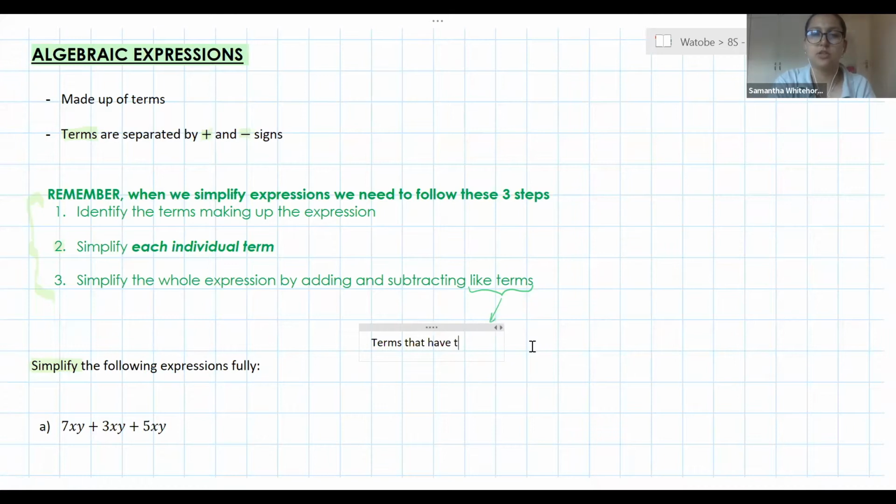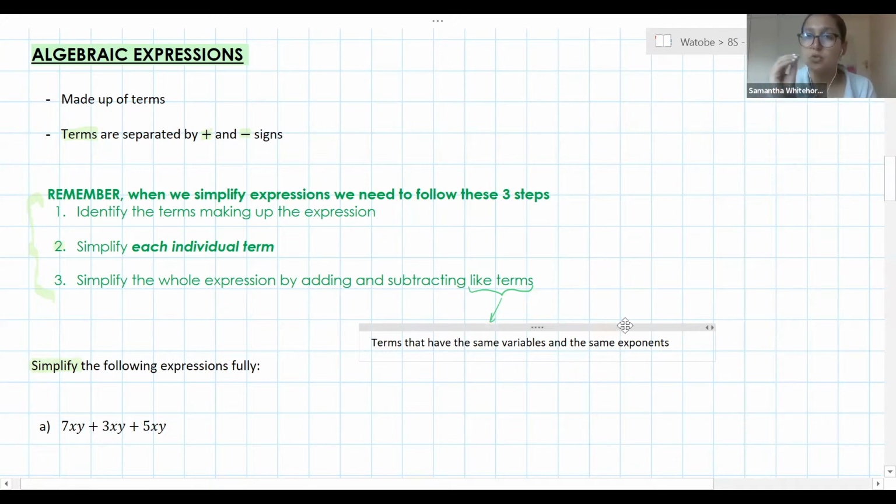Excellent. So terms that have the same variables and the same exponent. You said it much nicer than me. You said raised to the same power, which is absolutely fine. You can say the same exponent, or you can say raised to the same power. I actually like that more. Okay, so very importantly, exponents.